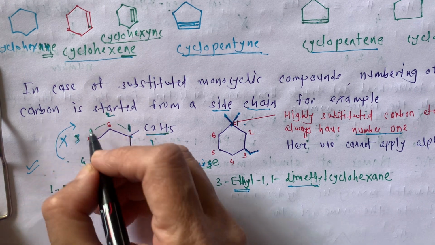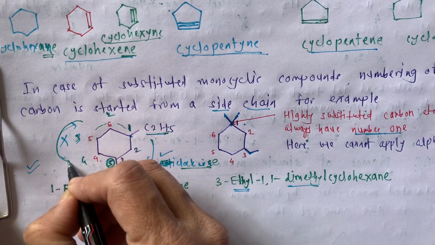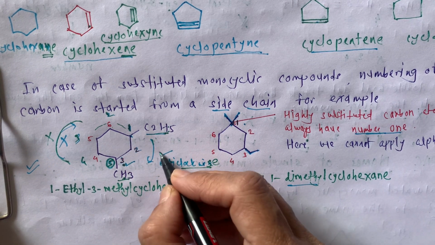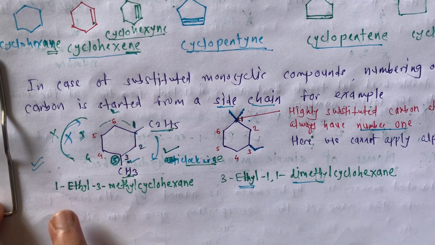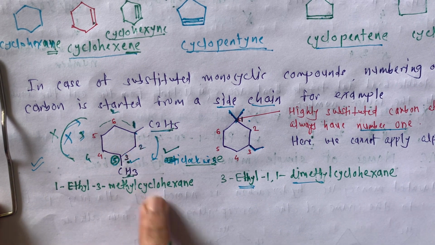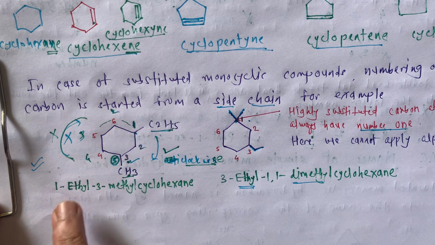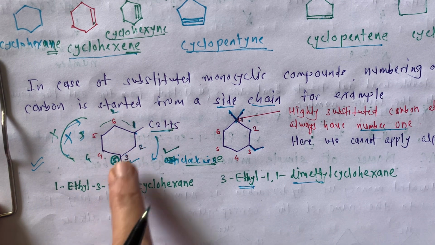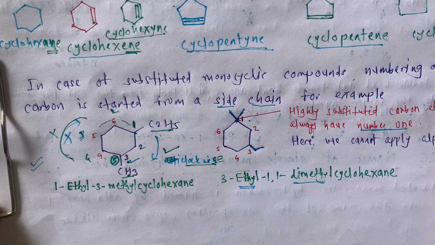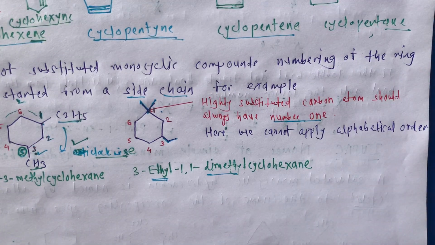So we should not number anticlockwise. This is the wrong method, but the clockwise numbering is the right method. So what is the name of the compound? 1-ethyl-3-methylcyclohexane. One more rule is given in our textbook.